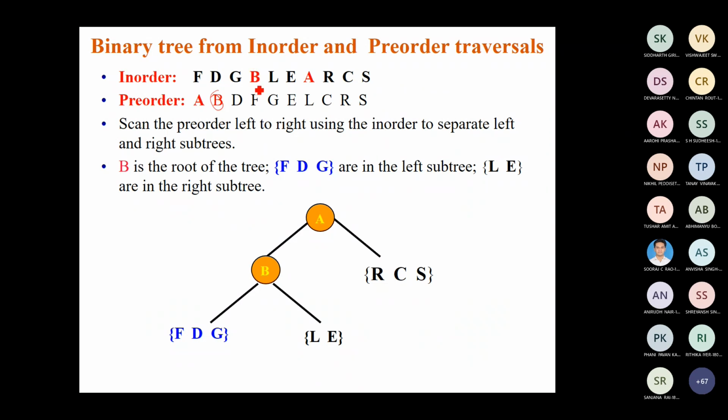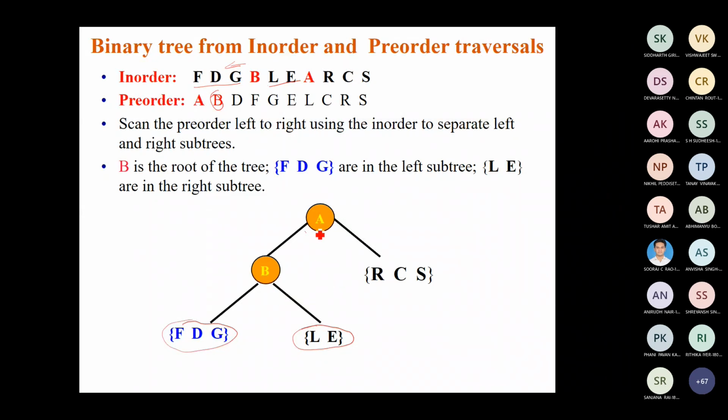B is located somewhere here. The nodes L and E belong to the right subtree of B, and F, D, G belong to the left subtree of B. If I construct the tree, I get a partial tree like this: B, with F, D, G as the nodes of the left subtree, and L, E as the nodes of the right subtree of B.